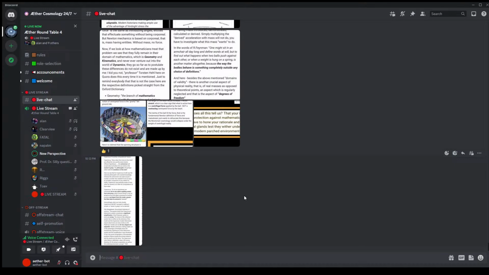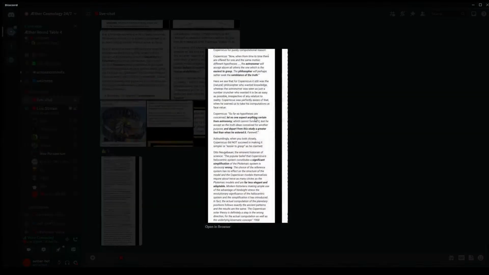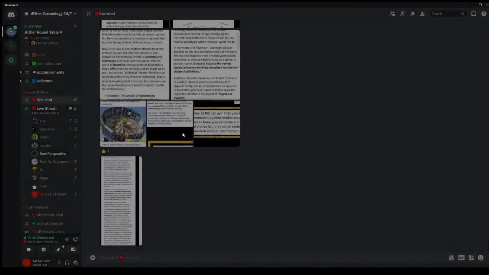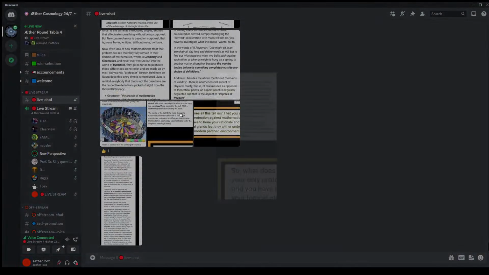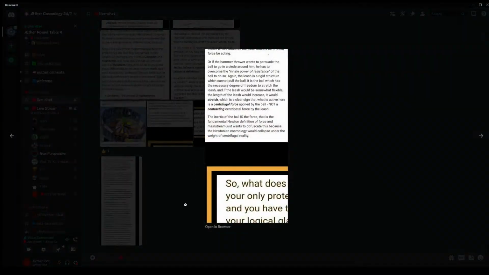He's going into another example, and he says, if the hammer thrower wants to persuade the ball to go in a circle around him, he has to overcome the innate power of resistance of the ball to do so. Again, the leash is a rigid structure which cannot pull the ball. It is the ball which has the necessary degree of freedom to stretch the leash. And if the leash would be somewhat flexible, the length of the leash would increase.